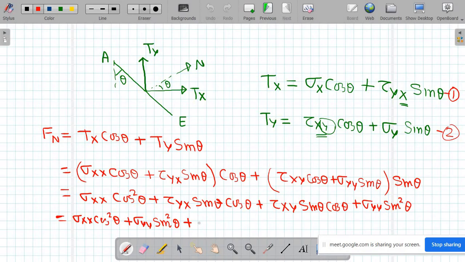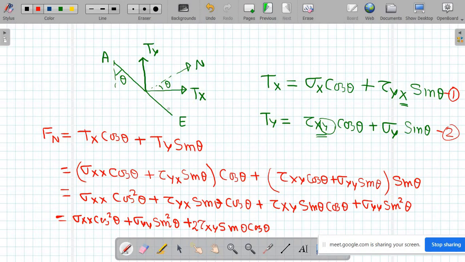So anyway, now I can rearrange this equation like that. So this is nothing but the force in normal direction. Now look at this, AE, this is the force in n direction. So force divided by length or area in 3 dimension is nothing but the stress.